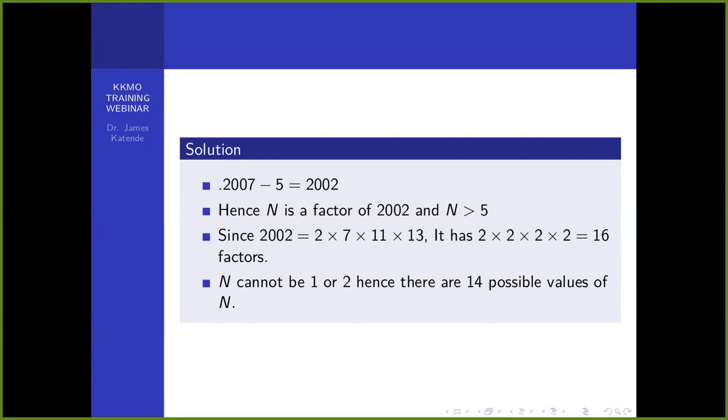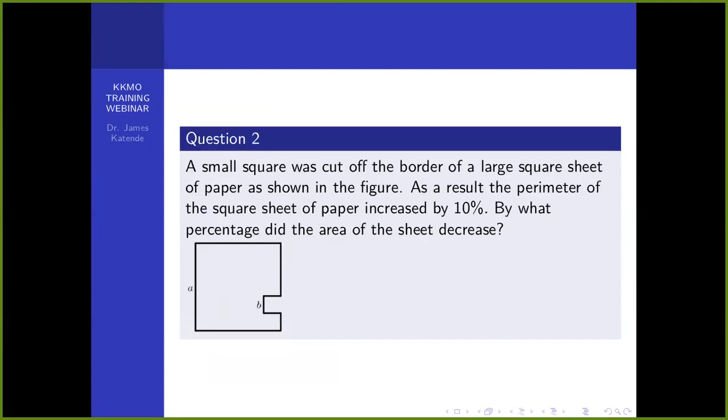Okay. Good. So now let's move on to the second problem. So here is the second problem. It says a small square was cut off the border of a large square sheet of paper as shown in the figure below.